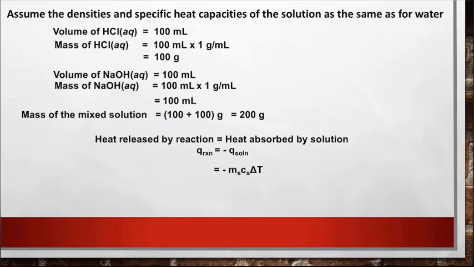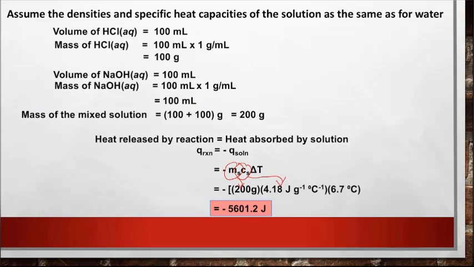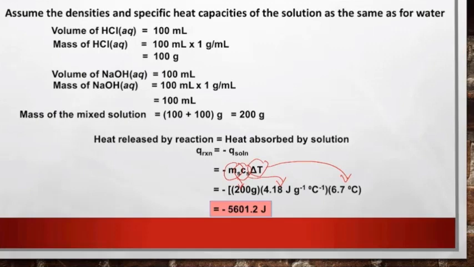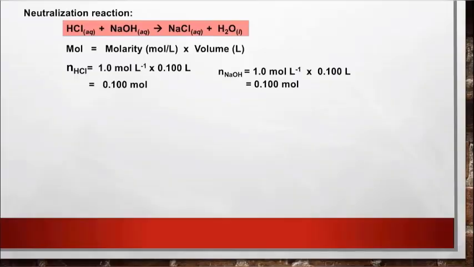Then, just substitute all the values that you know into this formula like this, where Ms is the mass of solution, Cs is the specific heat capacity of solution, and delta T is the temperature change. And you will get the value of heat released is negative 5601.2 joule.